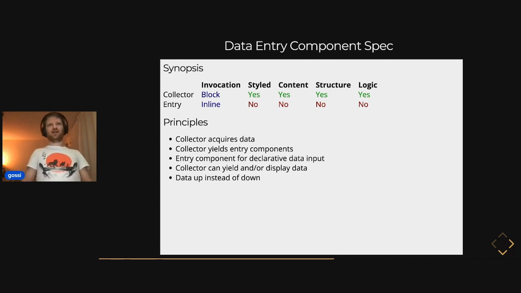It may be styled, it will have content, it will have structure, and it will have logic. And second to it, the tandem, is the entry component, most likely inline, but also sometimes block level. It's not styled, it doesn't have content, it doesn't have structure, and it's also very dumb.